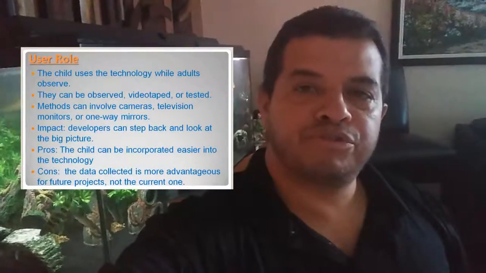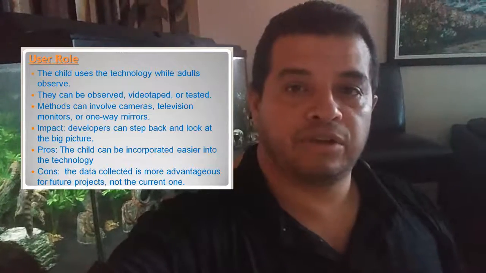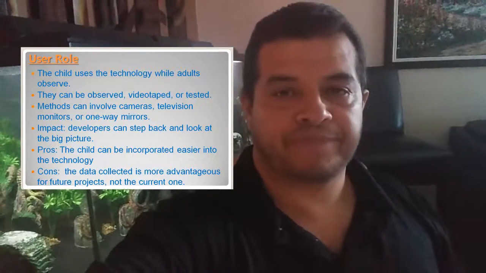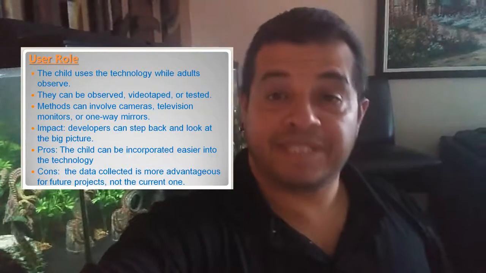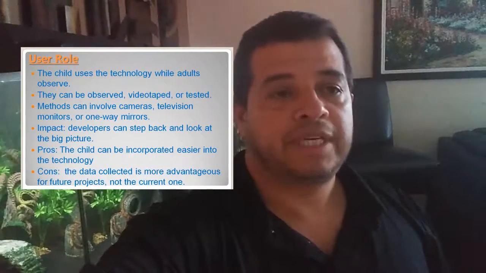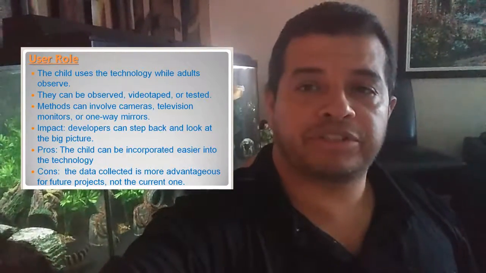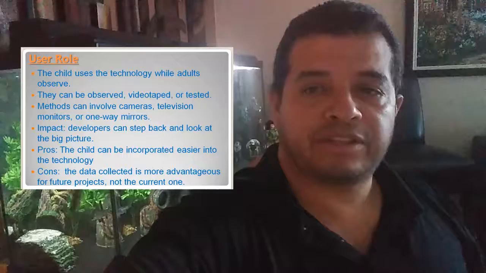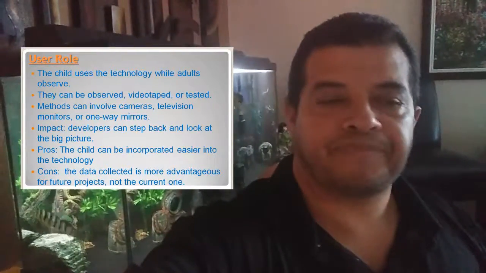In the role of user, the child simply uses the technology and adults just sit back and observe them. The child can be observed, videotaped, and tested. Developers can use video cameras and one-way mirrors. They just look at the child and observe what they do using the technology.